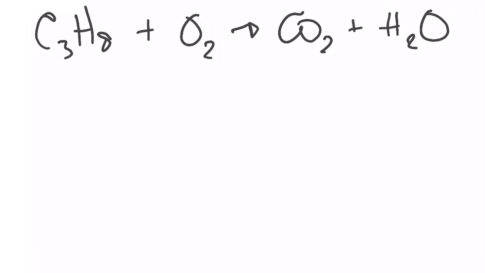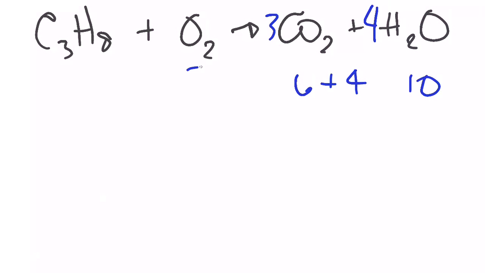There's 3 carbons in the reactants, so we want 3 carbons in the products, so I'm going to add a 3 in front of carbon dioxide. There's 8 hydrogens in the reactants, so I'm going to add 4 in front of the water. 3 times 2, we have 6 oxygens on the product side, and then we have 4 oxygens from water, so there's 10 oxygens total.